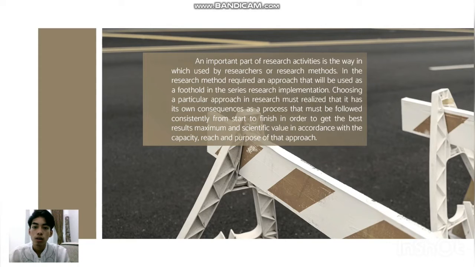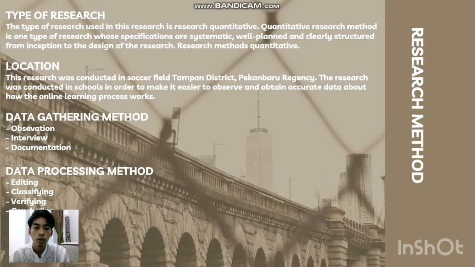Choosing a particular approach in research must realize that it has its own consequences as a process that must be followed consistently from start to finish in order to get the best, maximum and scientific result in accordance with the capacity, reach and purpose of that approach.